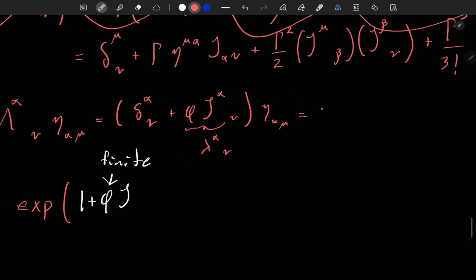Well, multiplying it out, I'll exploit the symmetry of the metric to move the mu to the left, and we get this guy. Very good.